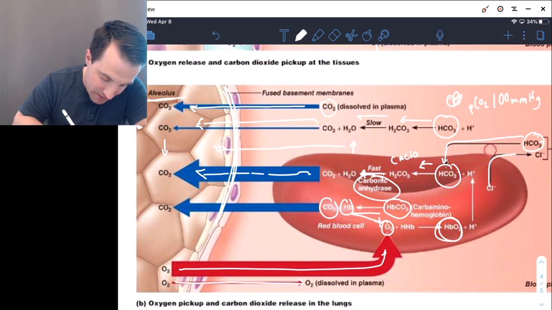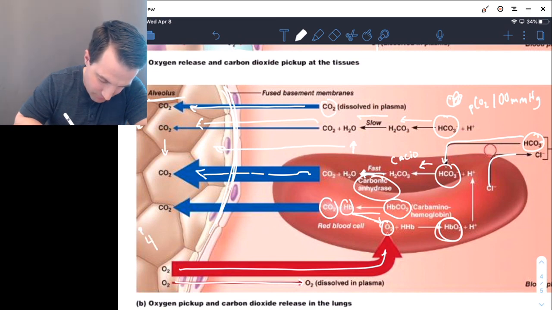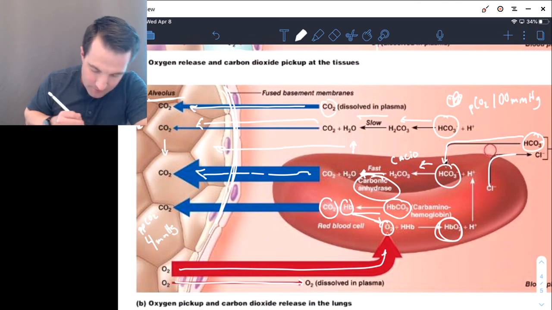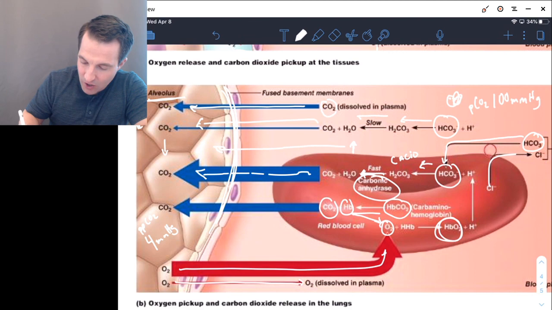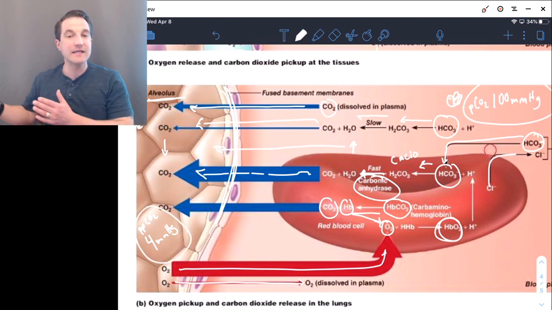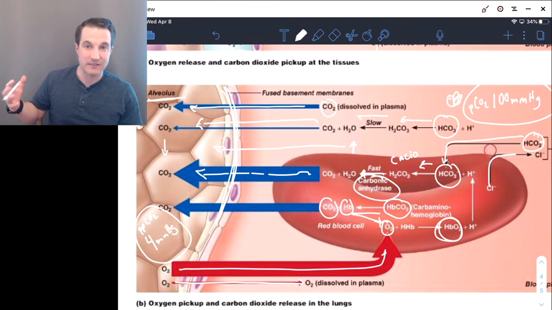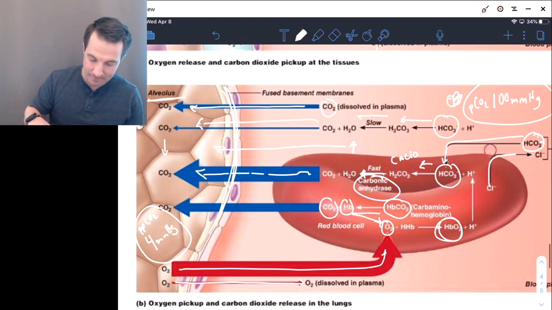If we want to talk about within the alveoli, the partial pressure of CO2 is going to be about 4 millimeters of mercury. So you can see by those numbers, 100 versus 4, that it's going to be very easy for this carbon dioxide to move out of the red blood cell, out of solution in blood plasma, and then into the alveoli.